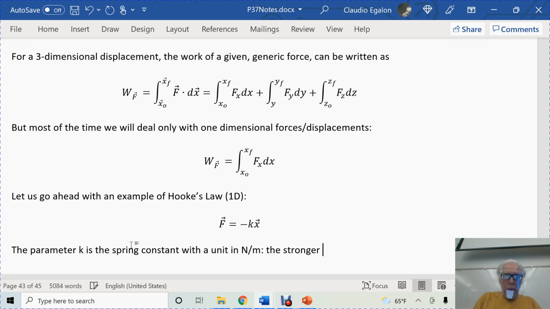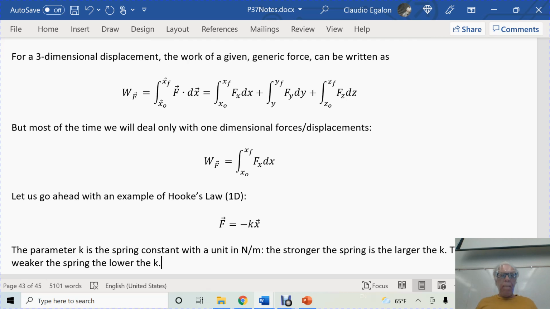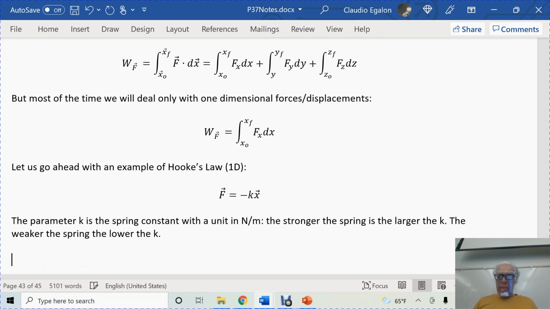The stronger the spring is, the larger the K. Similarly, the weaker the spring, meaning the easier it is to stretch or compress the spring, the lower the K. Okay, that's how you have to think about it.